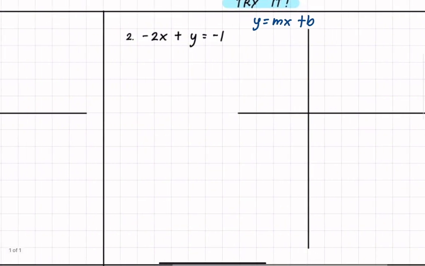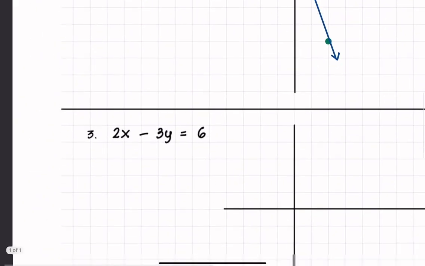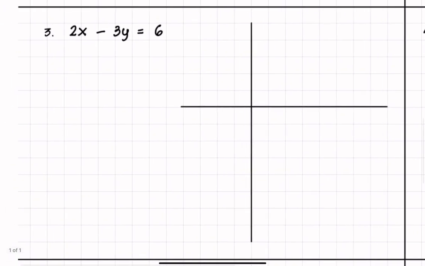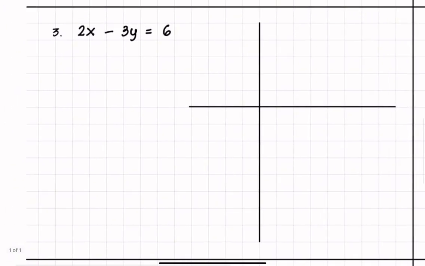Okay, let's move on to number 3. The given is 2x minus 3y is equal to 6. Again, class, we have to transform this equation into y is equal to mx plus b. Since we have 2x here, we have to eliminate 2x so that we can move it to the right side.